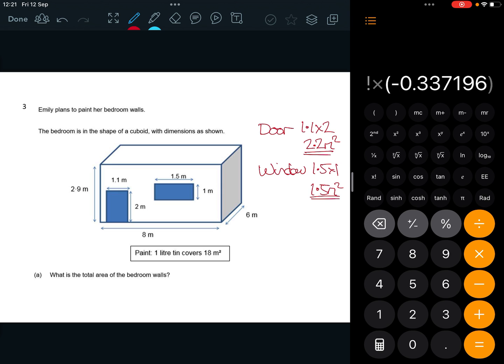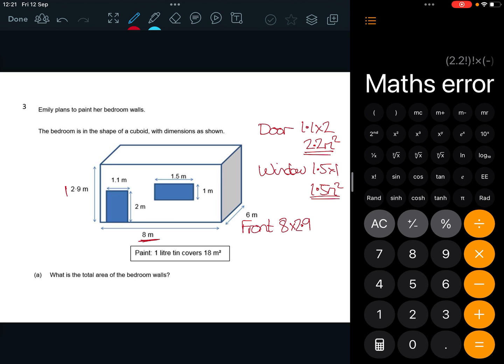We're going to paint the front wall. If I go front, the front wall is 8 times 2.9. So it's just multiplying the length and the breadth. So it is 8 times 2.9, so that's 23.2.